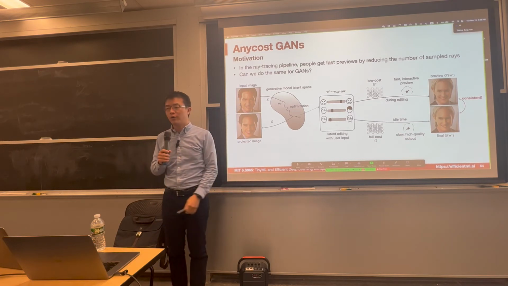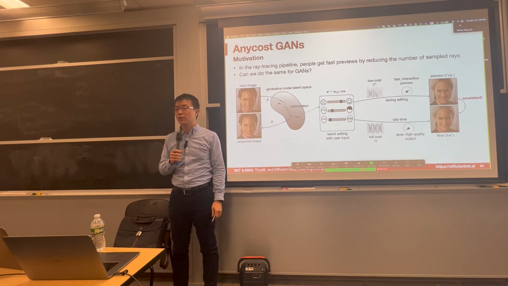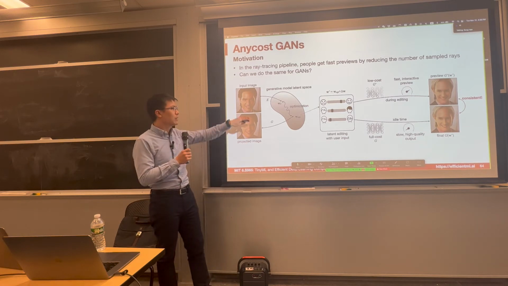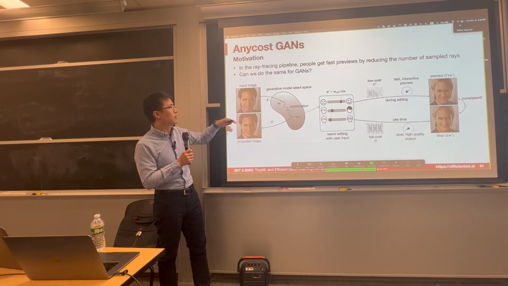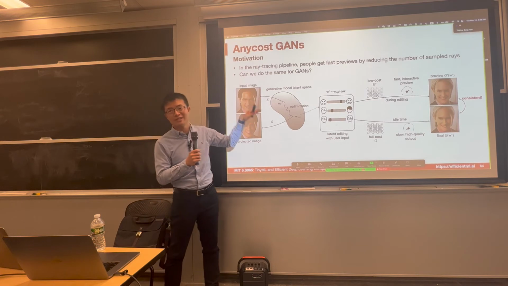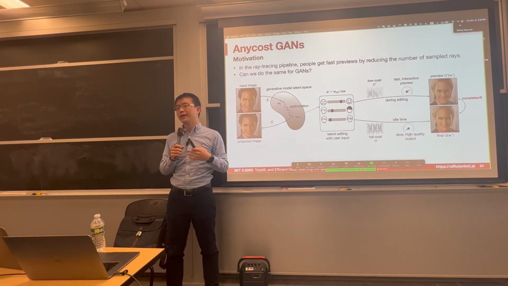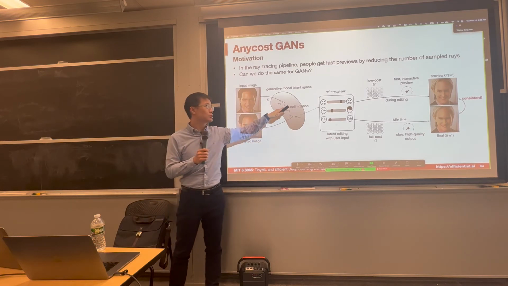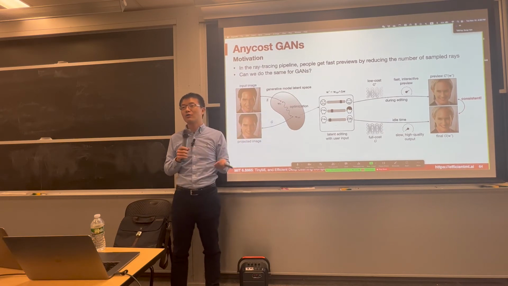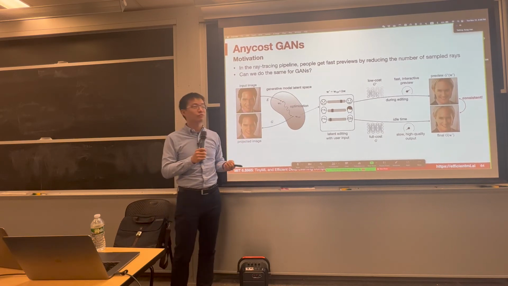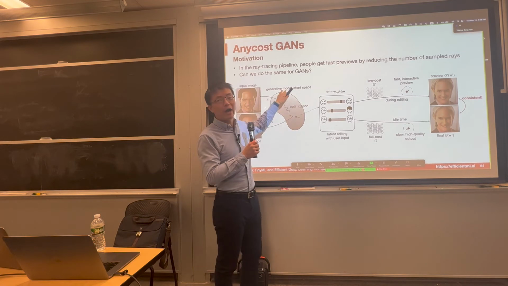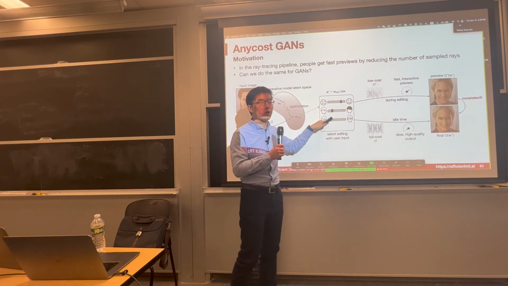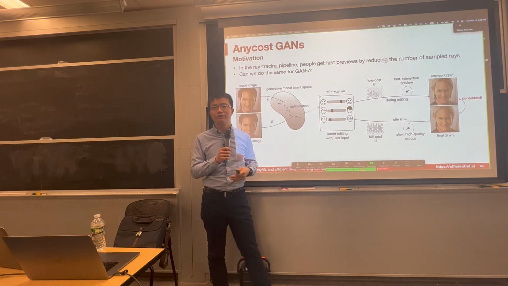The way that image editing works is as follows. Given an input image, we can project the image into a latent space. Each point in the latent space corresponds to a different face. This is a high dimensional space where each dimension might be controlling different features.